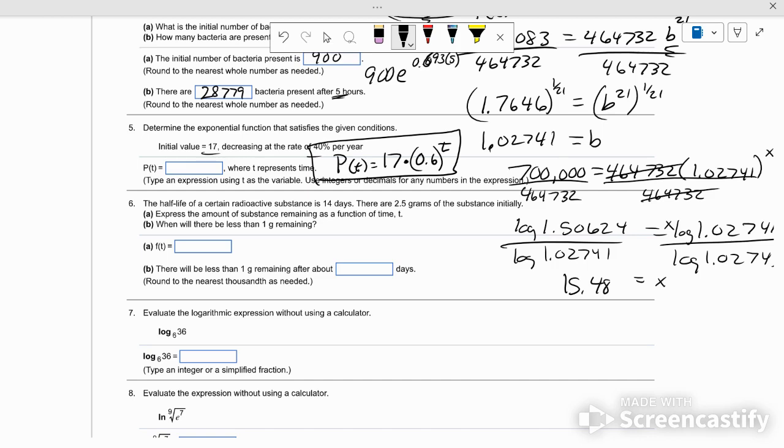Half-life. Half-life of a certain organism is 14 days, or 2.5 grams initially. Express the amount in terms of time. So, the function is, at the start, there's the initial value of 2.5.